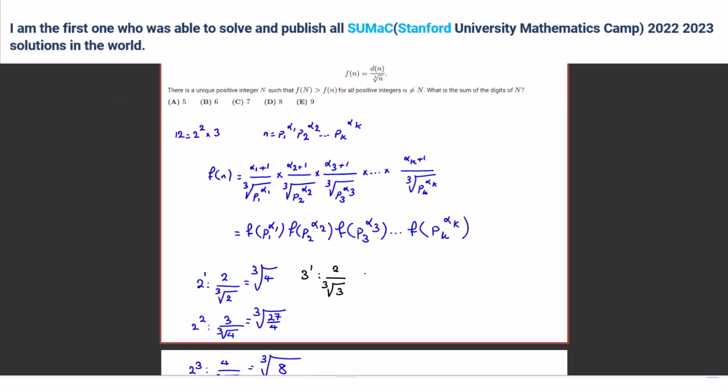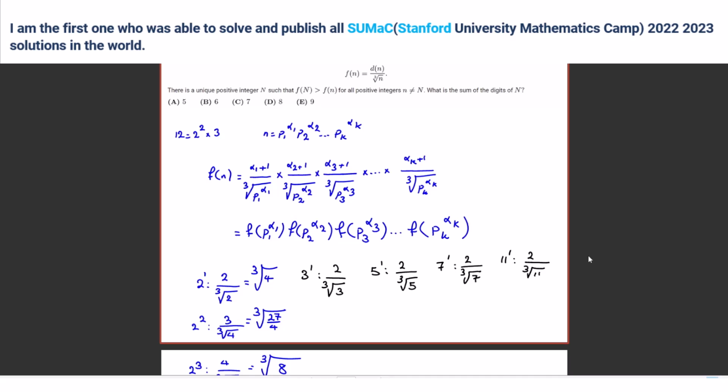It's greater than 1 or less than 1? Greater than. Yes. 2 over cube root of 5, it's also greater than 1, right? 2 over cube root of 7, because it's cube root of 8. And 11, 2 over cube root of 11, is not good, this one is less than 1.